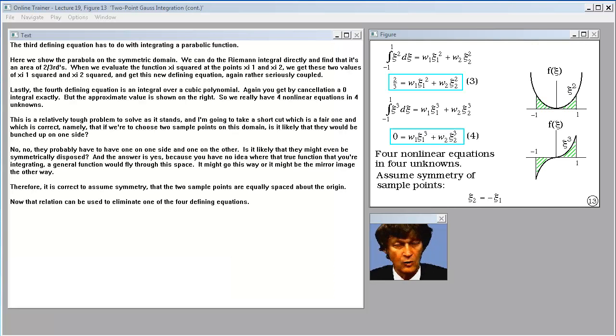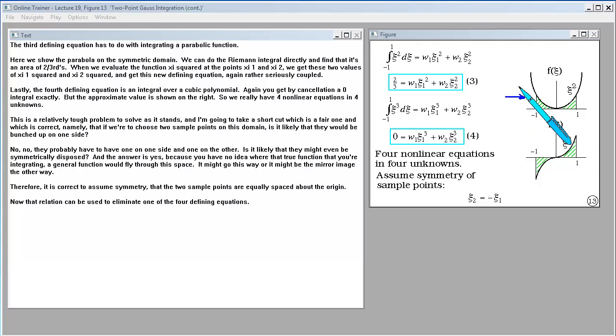The third defining equation has to do with integrating a parabolic function. Here we show the parabola on the symmetric domain. We can do the Riemann integral directly and find that it's an area of 2/3. When we evaluate the function x squared at the points C1 and C2, we get these 2 values, C1 squared and C2 squared, and get this new defining equation.